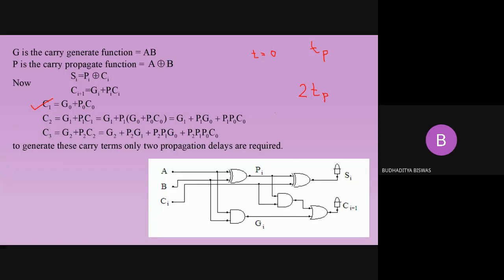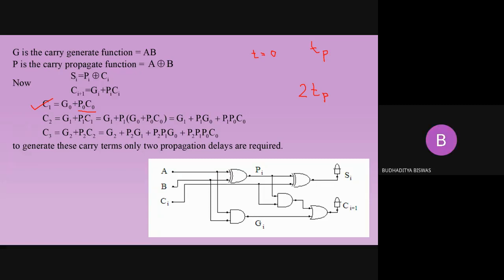Why is it 2 TP? First you see how many propagation delays are required to generate this P0 C0. How to generate P0 C0? Suppose all the P and C terms are available with you. Using what gate? Sir, AND gate.